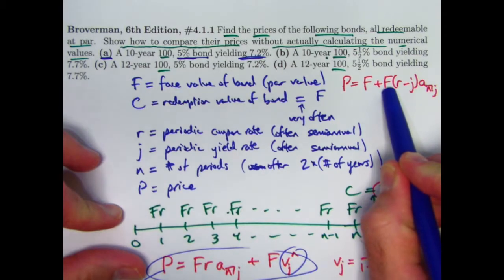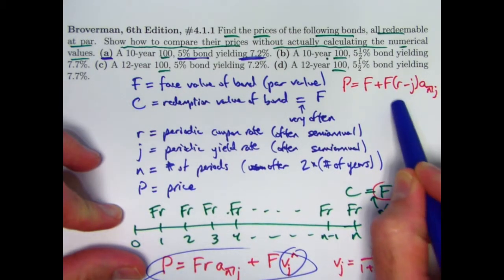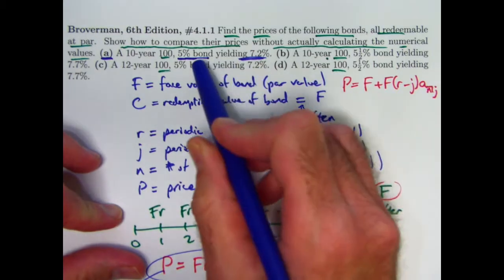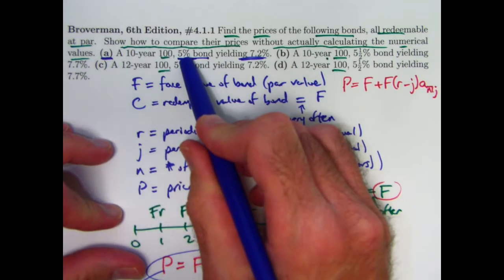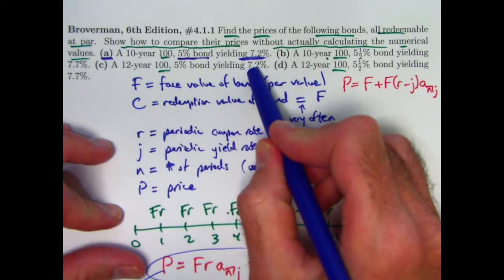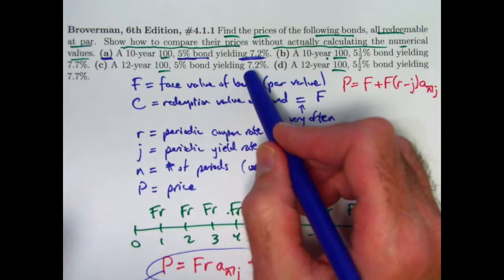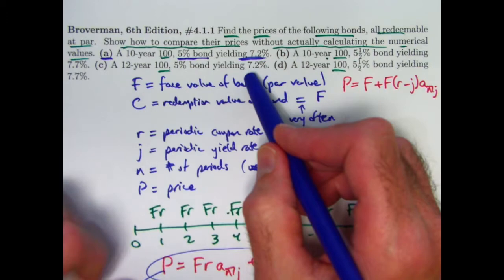R minus j, even though r and j both change in these situations, is constant because, look at it here, r is 2.5% minus 3.6%. Divide these things by 2. That's r minus j: 2.5 minus 3.6, negative 1.1%.